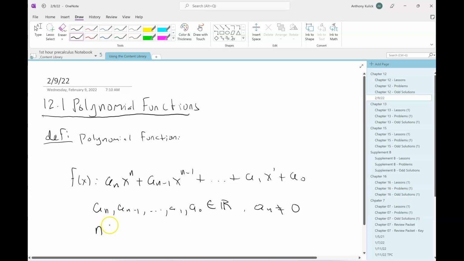And these n's have to be integer valued and bigger than 0. I guess I should say 0 is okay.